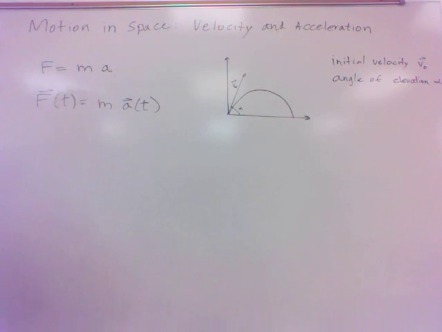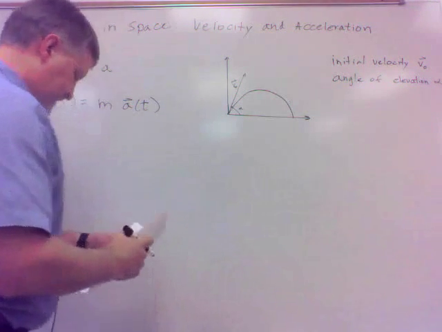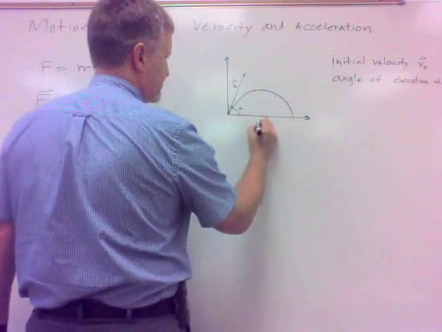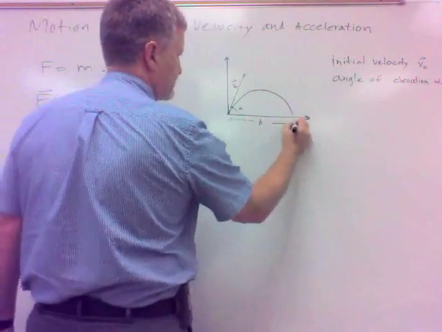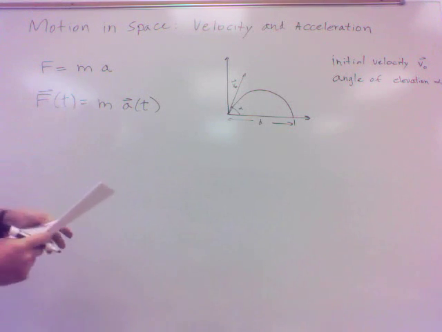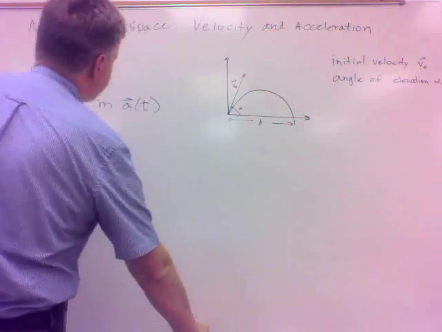One other thing they label here for future reference is this is going to be distance d, which we'll find here in a second. So we know something a little bit about this.